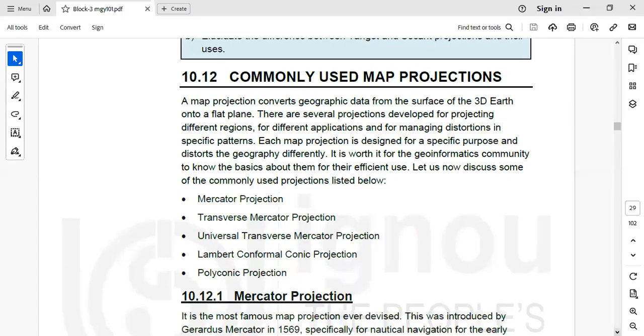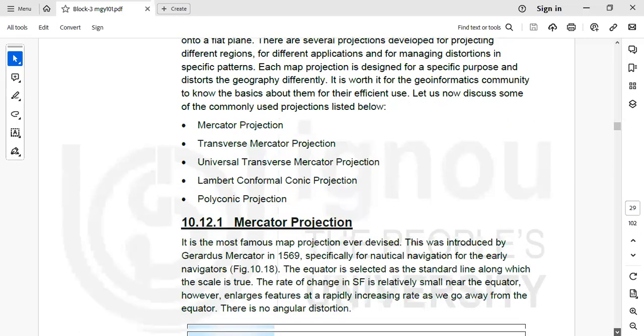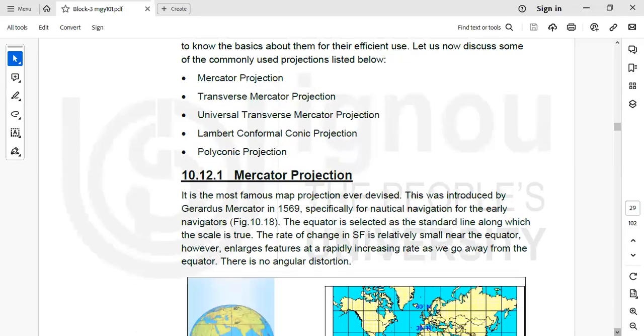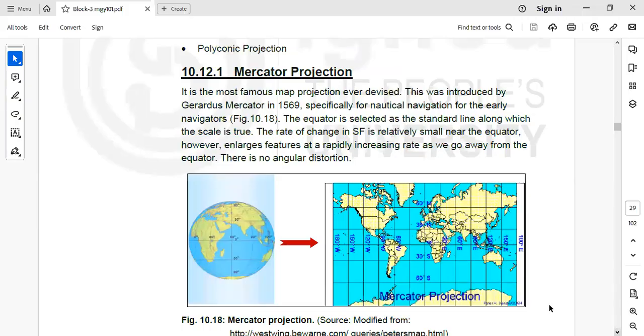Then we have the Lambert conformal conical projection. Then we have the polyconic projection. So here, this is the Mercator map projection, and it was introduced by Mercator in 1569.